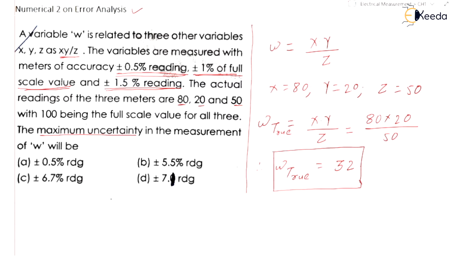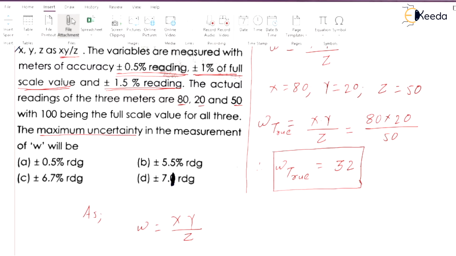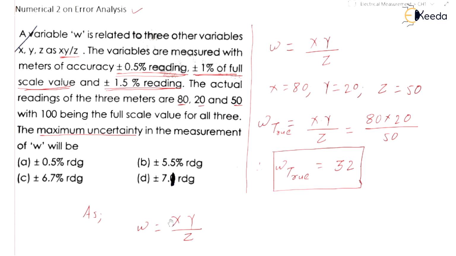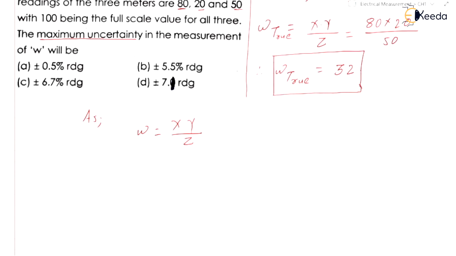Now in this case, as we know, w is equal to x into y divided by z. In order to get the highest possible value of w, the numerator should be very high and z should be at the least possible value, and x and y should be at the highest possible value.